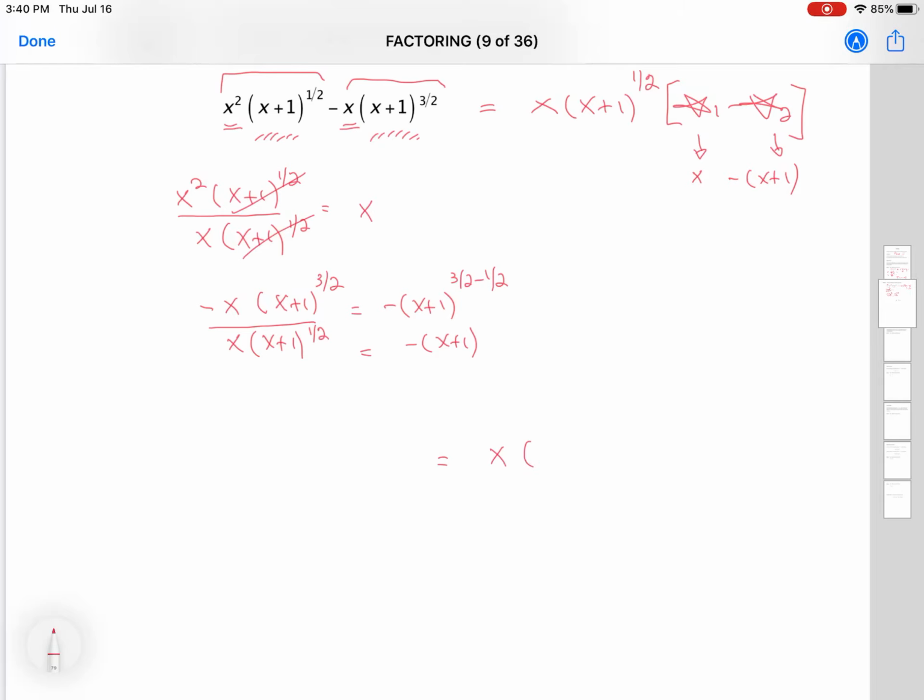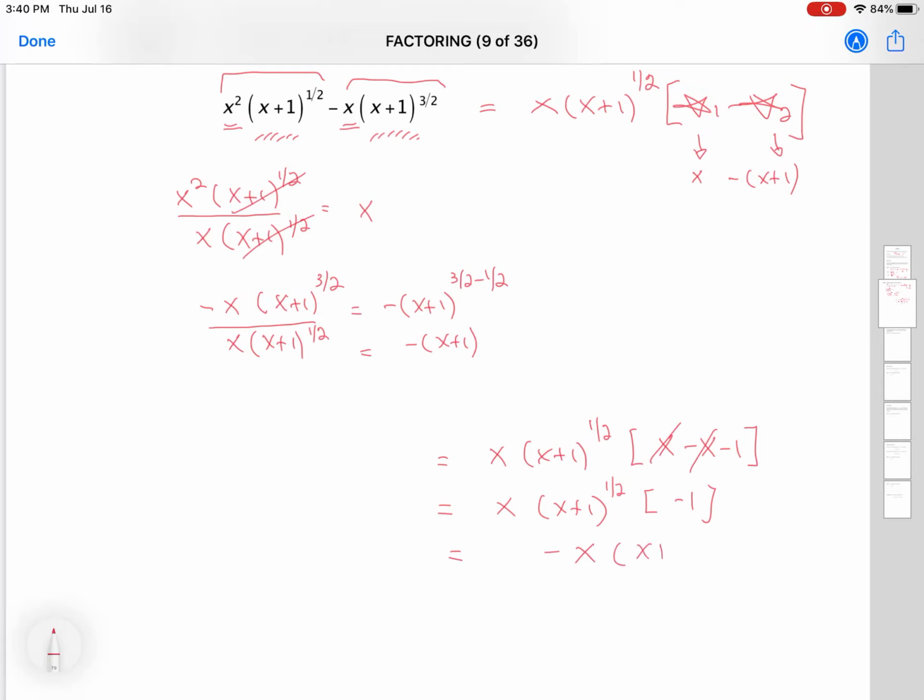So what's the final answer to this problem? x plus 1 to the 1/2, open bracket. Let me take the minus inside the bracket, so minus x minus 1. So that gives me x plus 1 to the 1/2 times, the x's cancel out, minus x.